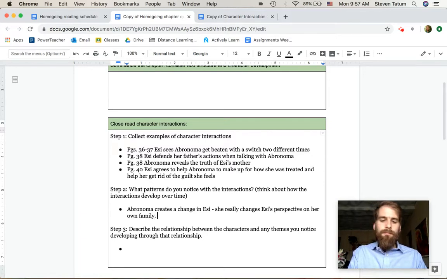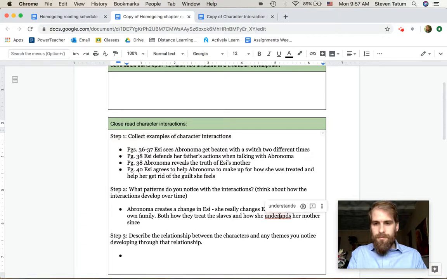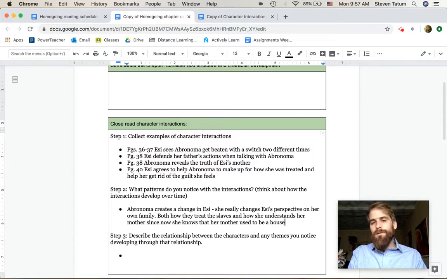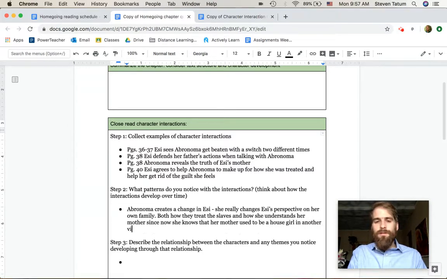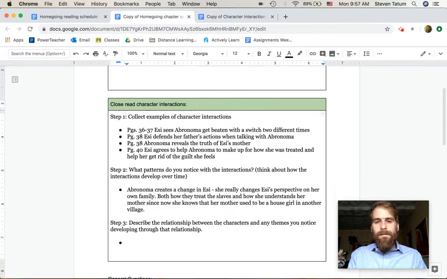This was both how they treat the slaves, or I'm not quite sure what word to use, slaves from other villages, and how she understands her mother, since now she knows that her mother used to be a house girl in another village.